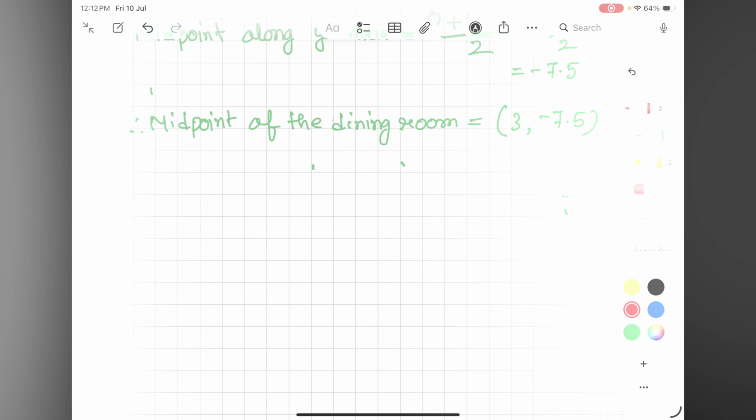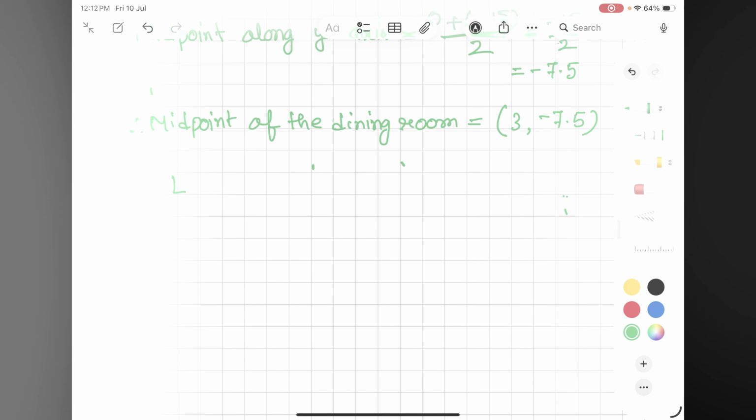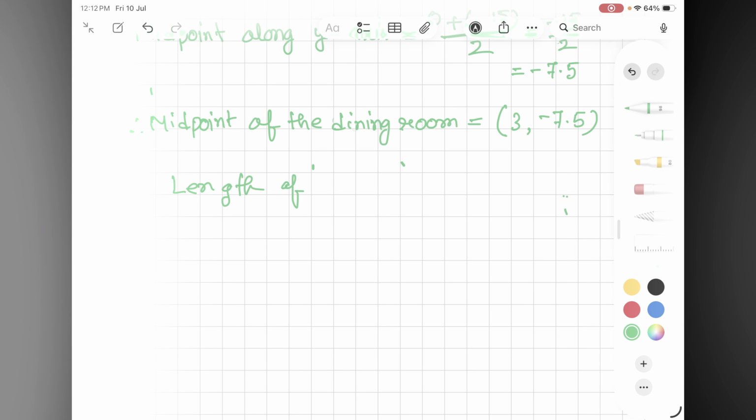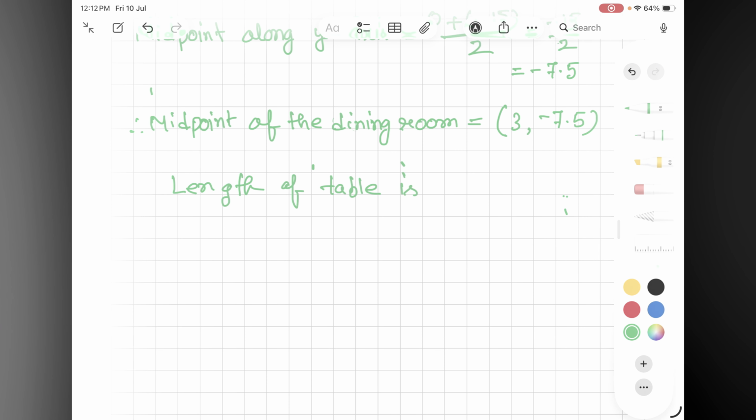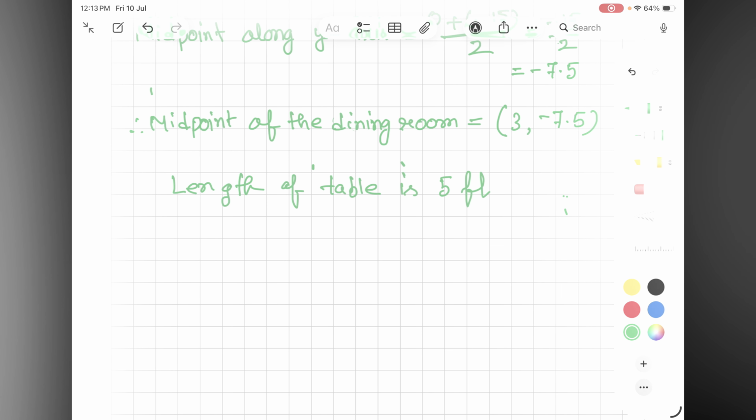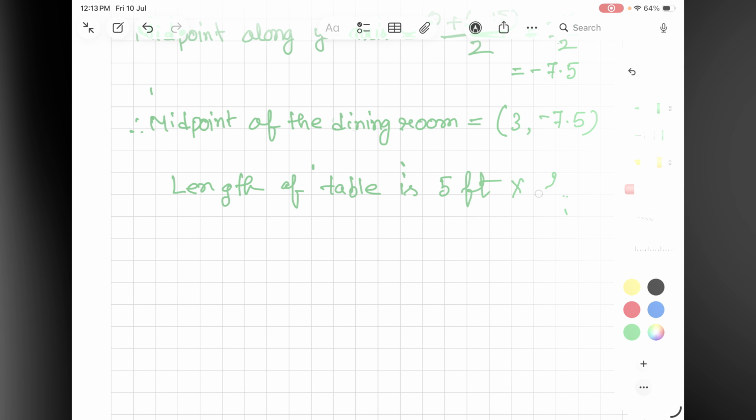So given that the length of the table is 5 feet, and the breadth is 3 feet.